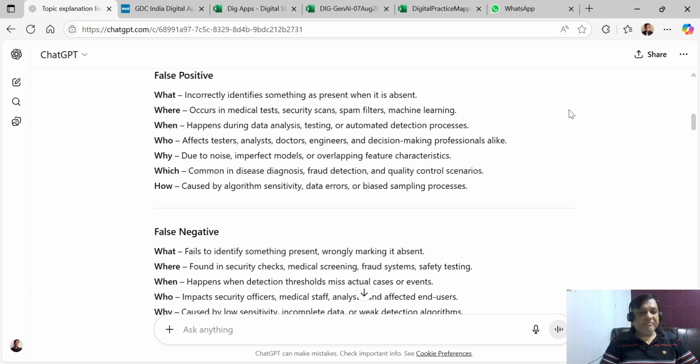Who it affects: testers, analysts, doctors, engineers, and decision-making professionals. Why: due to noise, imperfect modeling, and overlapping feature characteristics. Even in machine learning, imperfect models are there.